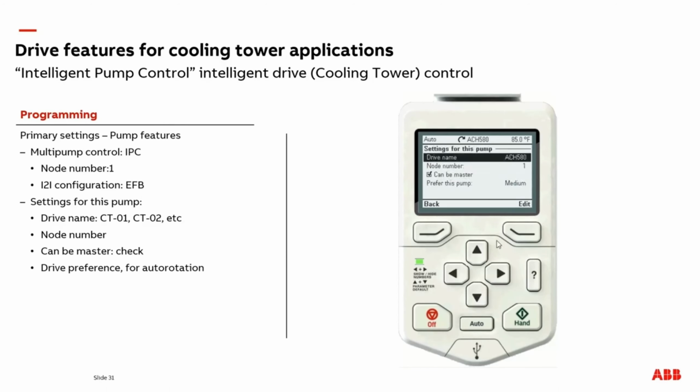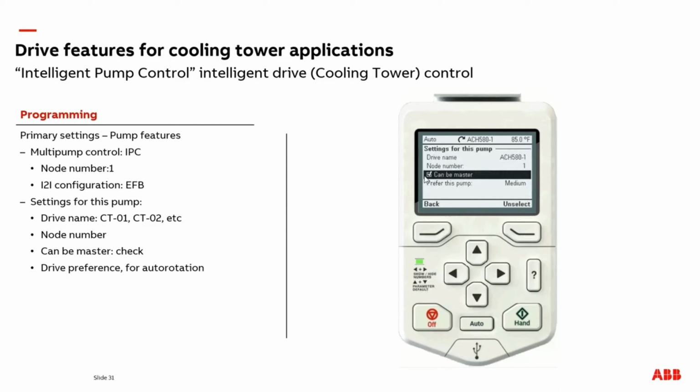Now, the settings for this pump will be the ability to name the drive. If you have 3 drives all next to each other with the same name, it'll be difficult to know which one's which. So I'm just going to add a designation to each to show which drive I'm looking at. My first drive will be node number 1.